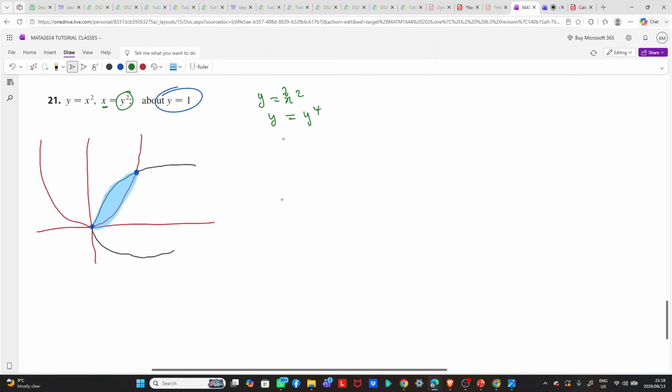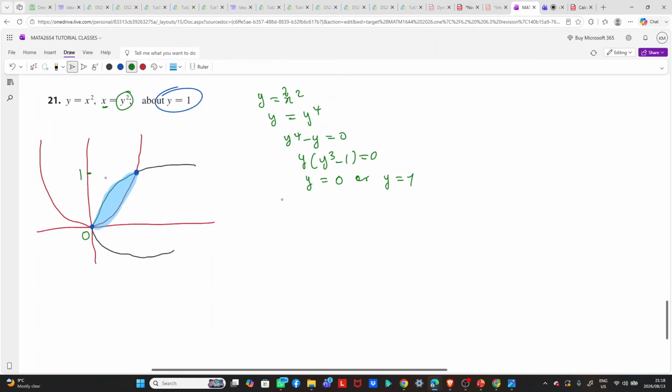Taking y to that side, we have y to the power 4 minus y equals 0. Then y times (y cubed minus 1) equals 0. So y equals 0 or y equals 1, from y cubed minus 1 equals 0, taking the cube root. So I know this is 0 and this here is 1.